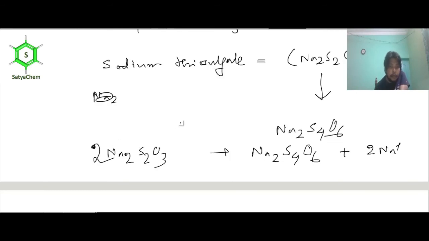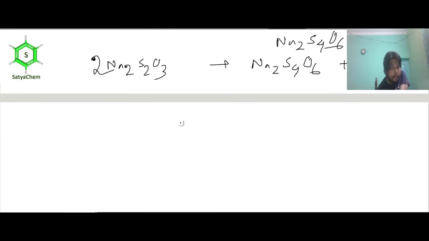Now we have to calculate the oxidation number of S2O3 2 minus. For this we need to know the structure of S2O3 2 minus, that is S with double bond O and O minus. The oxidation number for this S double bond O is plus 2, for this S double bond O plus 2, for this single bond O minus it is plus 1, and there is no difference of electronegativity between these two sulfurs, so it will not contribute to the oxidation number calculation.